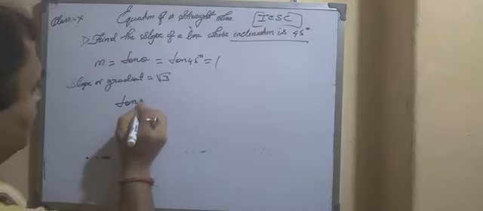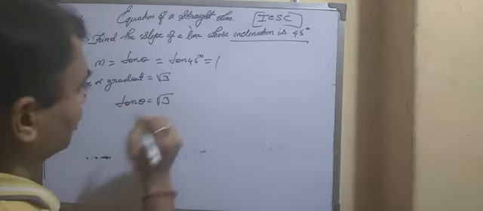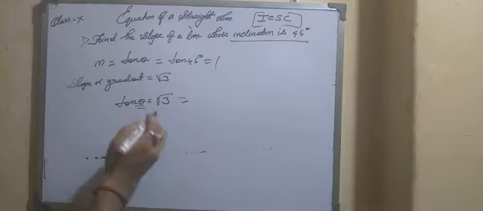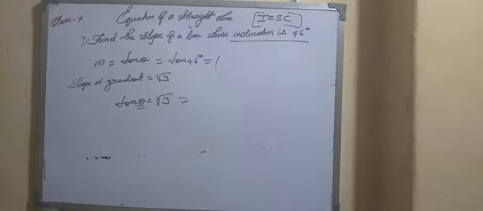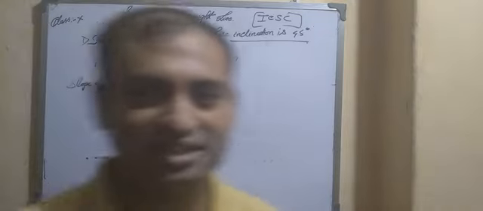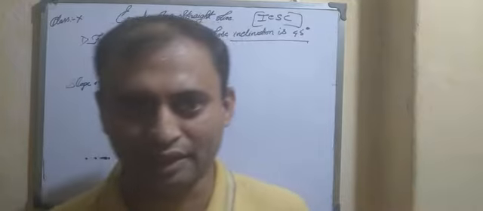Therefore, tan theta is equal to root 3. Now tell me the value of theta for this, where tan theta will be root 3. Answer me in the comment box. Okay, I know you can do it.